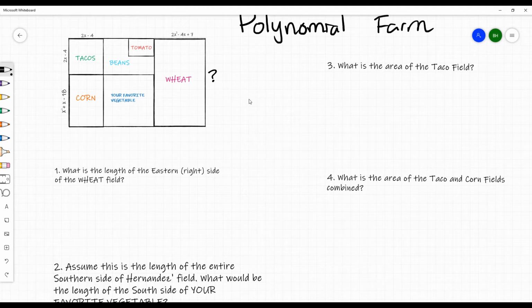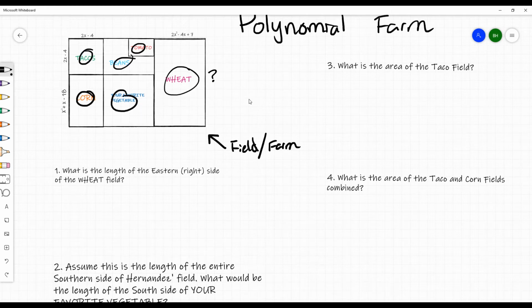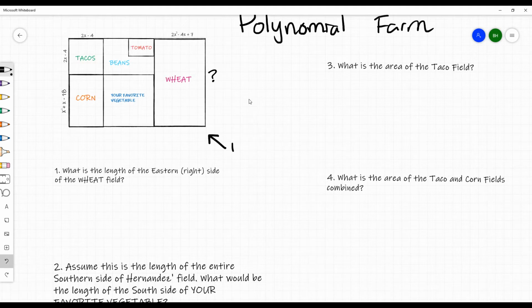First and foremost, we have this field here. This field, or in other words a farm, and each of these components to it are the little fields. Our goal for a polynomial farm is to find different measurements of this farm or of each field.